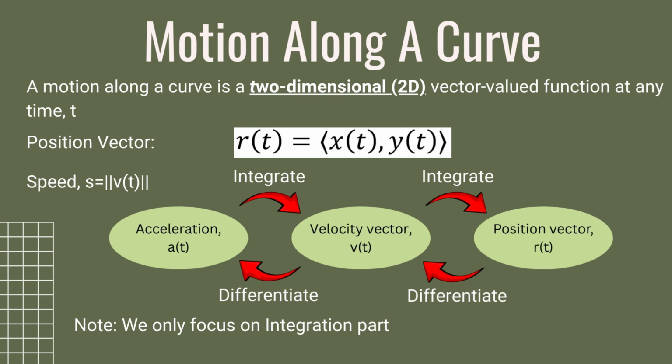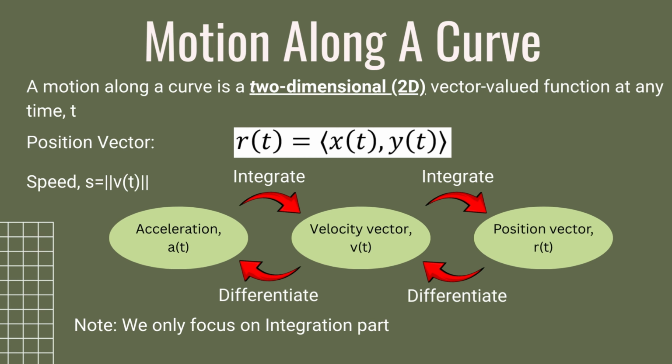So first you can see in the slide there is two-dimensional, 2D, which is underlined clearly. So the motion vector formula is given there. The speed is equal to v(t). If the question gives position, we must differentiate to find velocity or acceleration.